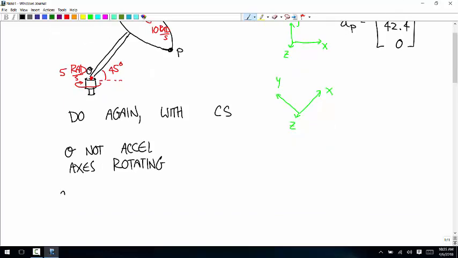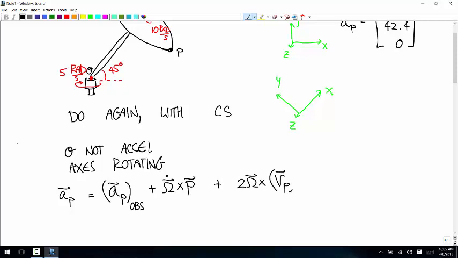And so the acceleration of that point P, we're going to get as the observed acceleration of P plus capital omega dot crossed with the position vector plus 2 times capital omega crossed with the observed velocity of P plus capital omega cross quantity capital omega cross P.